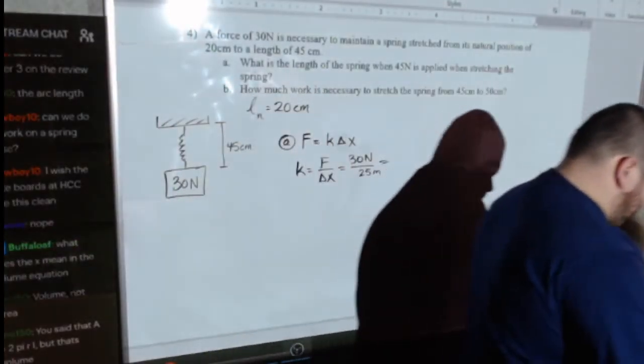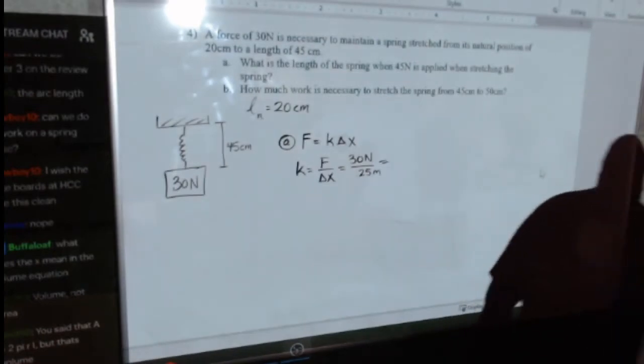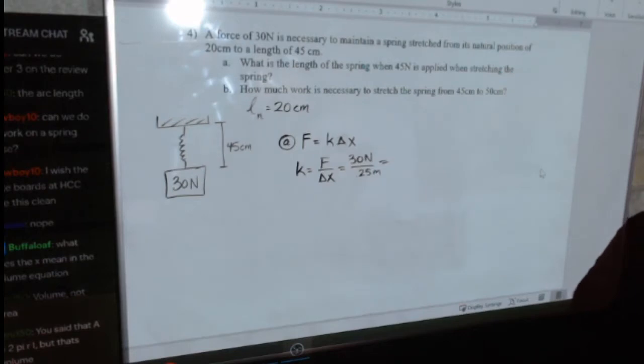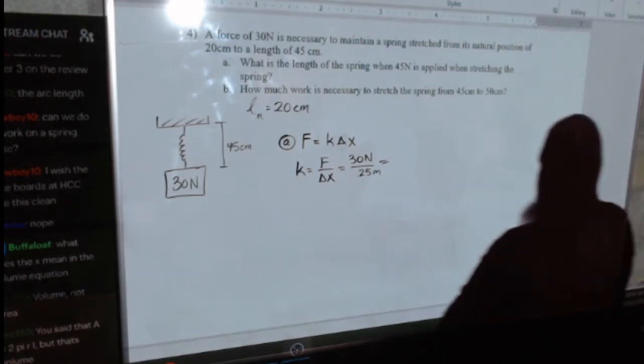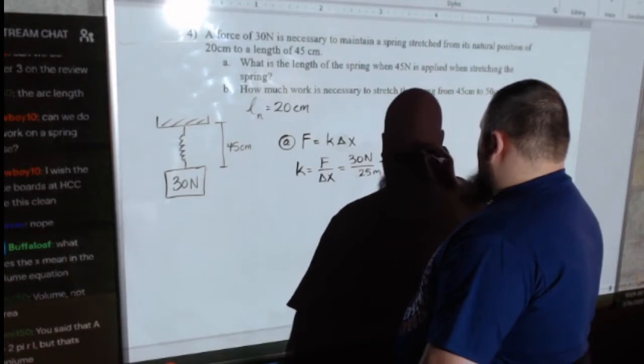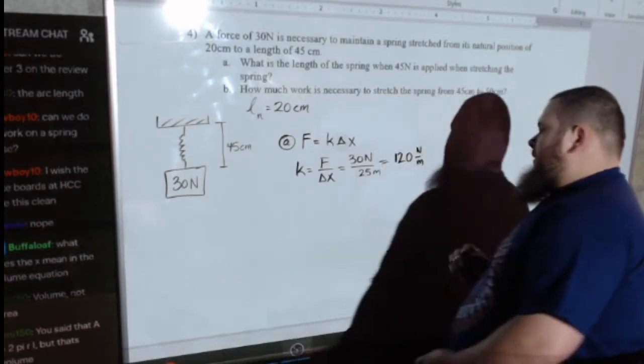So is that 120? Yep. And you can leave that as newtons per meter, that's fine.